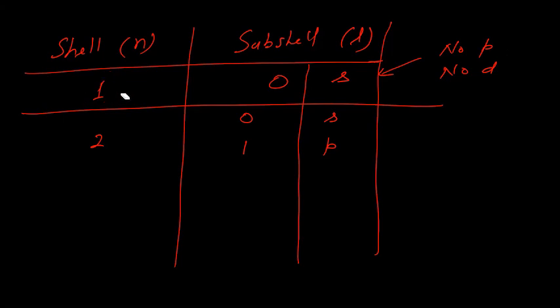D cannot be there, only S will be there. In the second shell, there can be only S and P, because 3 cannot be there.